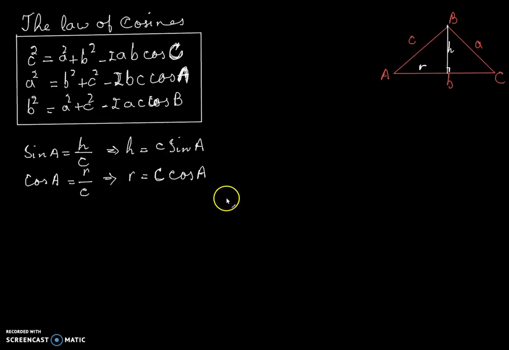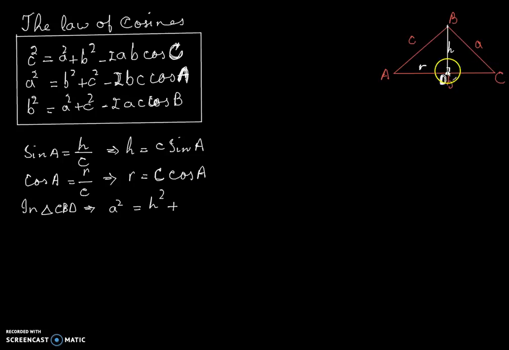Now in the triangle CBD, if you call this point D, in triangle CBD you have A squared is equal to H squared plus this distance whole squared. This is the Pythagorean theorem.